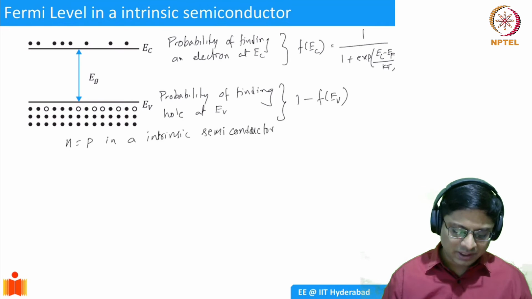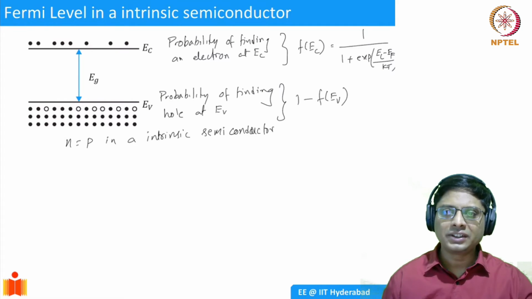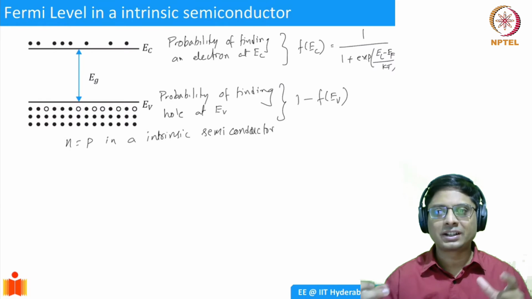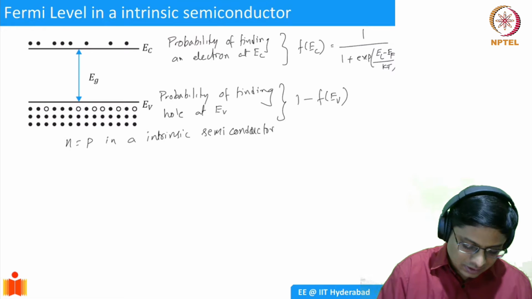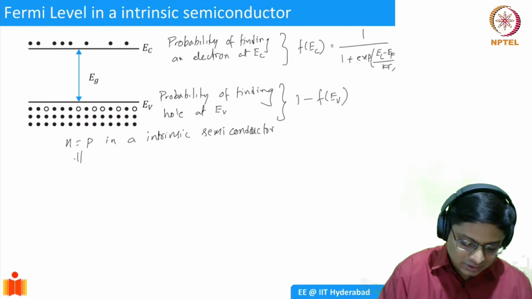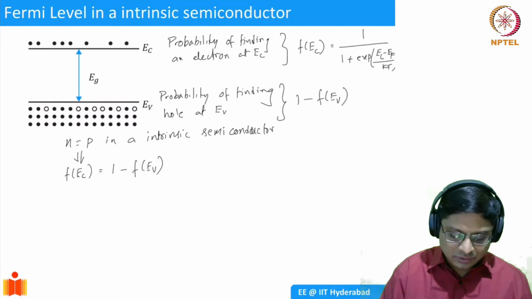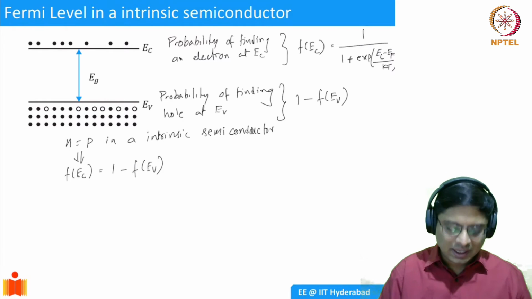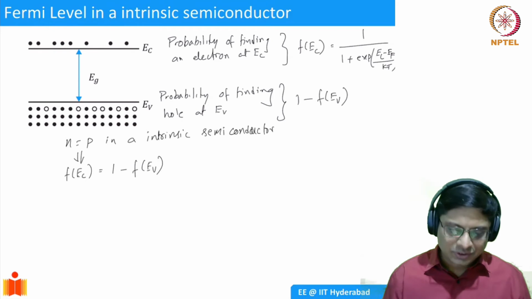So if n equal to p, the probability of finding an electron at EC should be equal to the probability of not finding an electron at EV. So this relation implies f of EC should be equal to 1 minus f of EV. This is the probability of finding a hole at EV, and that is equal to the probability of finding an electron at EC, right? So this should be equal.